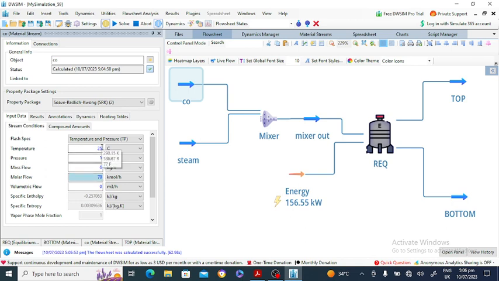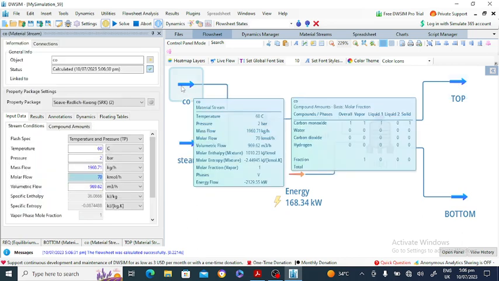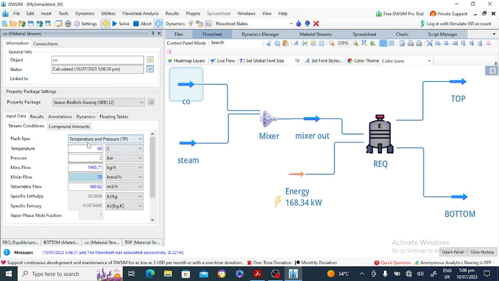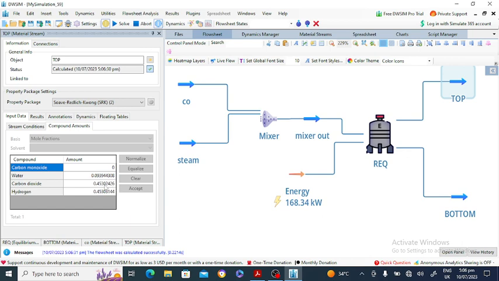So suppose now I'm changing it to 60 degree and 2 bar pressure. Now go to the top, and here it is 45. So when we increase the temperature and we increase the pressure, we will get a large amount of hydrogen and carbon dioxide.